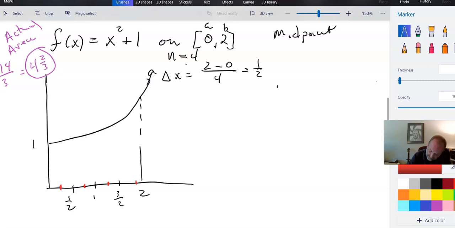So the rectangles are still delineated here. The height of the rectangle is decided by the midpoint. So my evaluation points are the midpoints. So when I draw in my rectangles, they should straddle across. The height of these rectangles is now here.